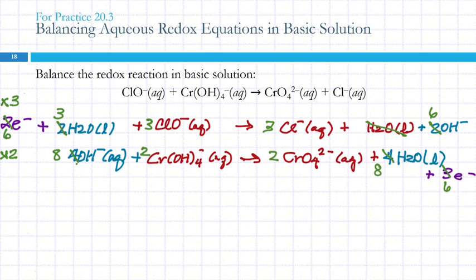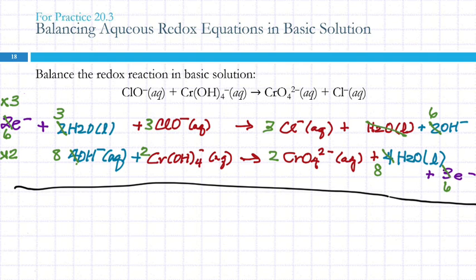Multiplying by 2. Add them together. We got 6 electrons on each side, so those guys cancel out. Now, there might be some other things that cancel out. And you can take care of that while you're adding or after. It doesn't matter, but we're kind of in the pattern of taking care of it as we go along.